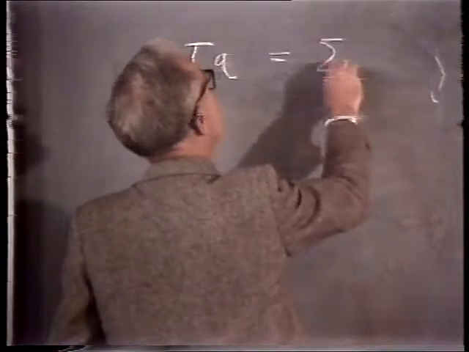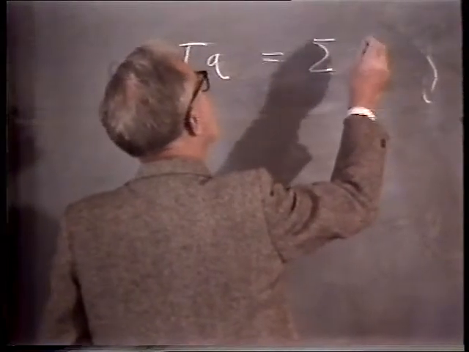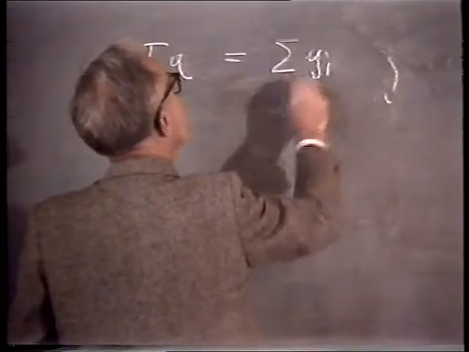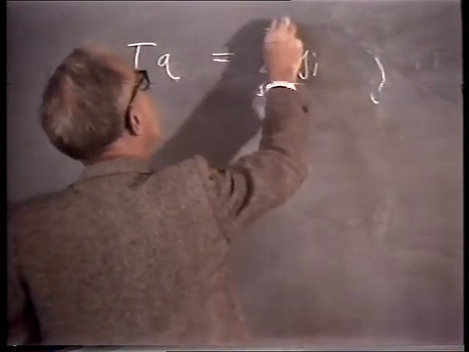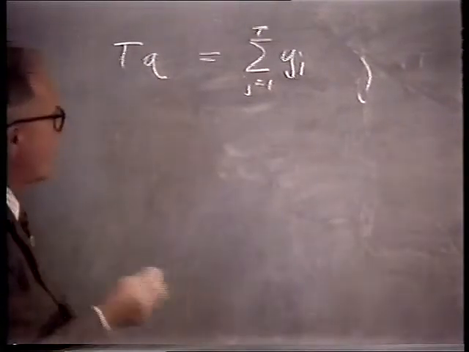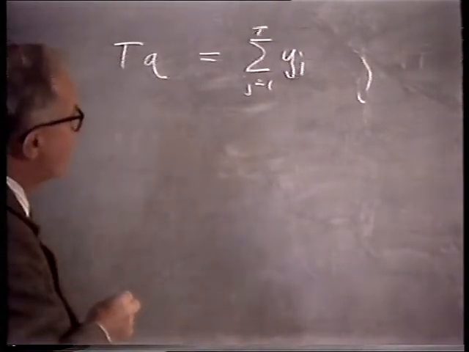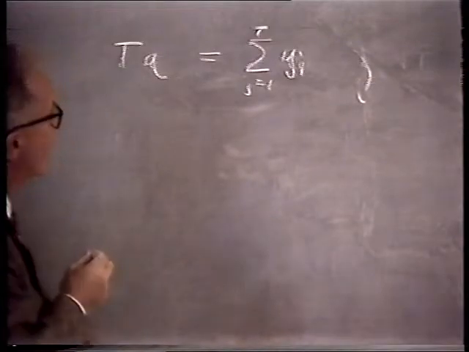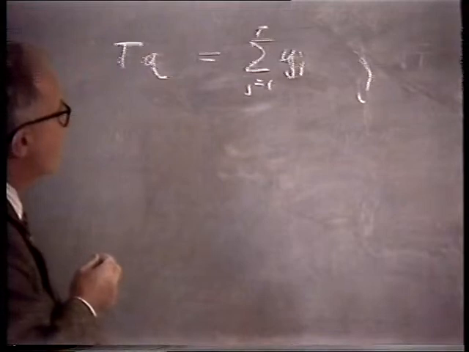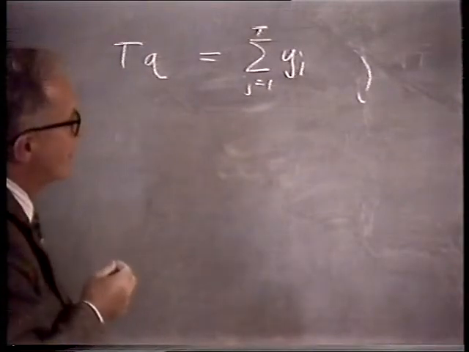You're looking at something which is of the nature sum over j equals 1 to T of y_j, where y may be a rather complicated function of the current data point, the t-th observations, and of course you haven't got independence.